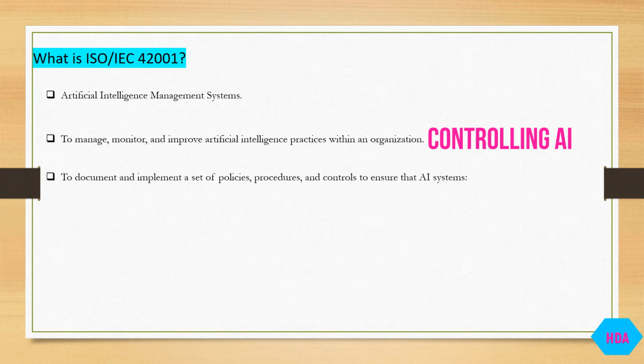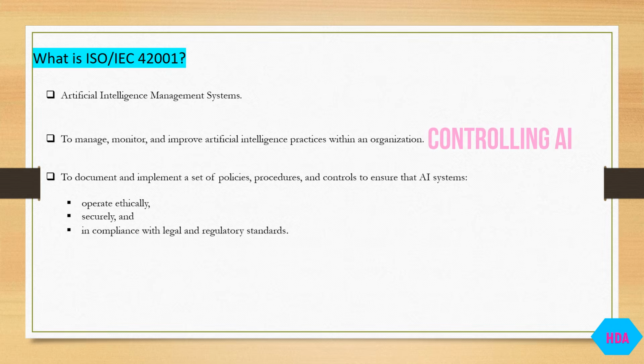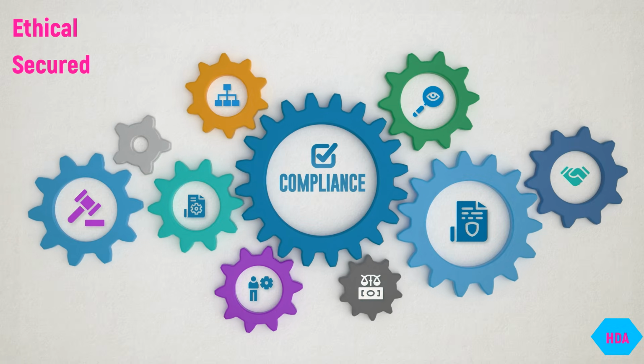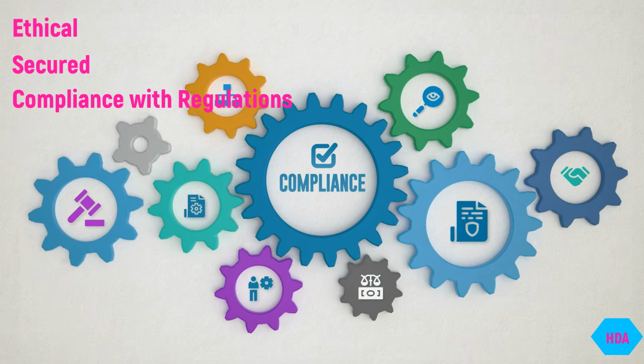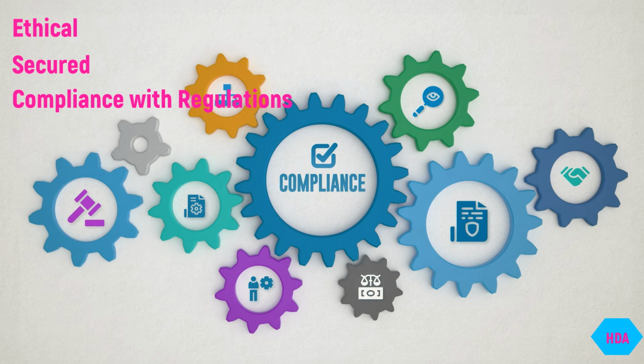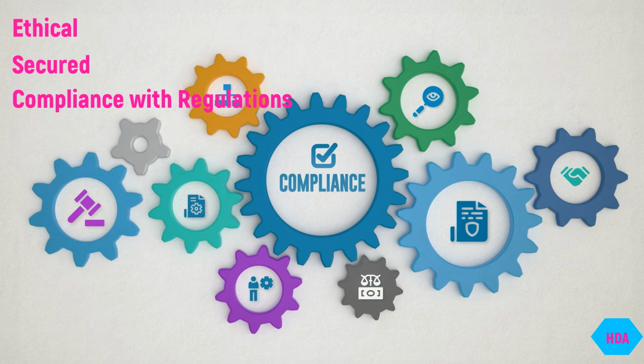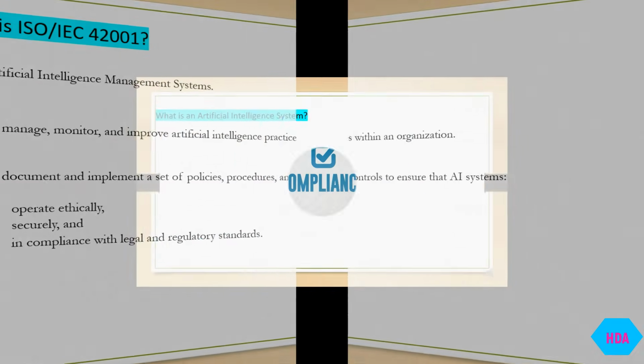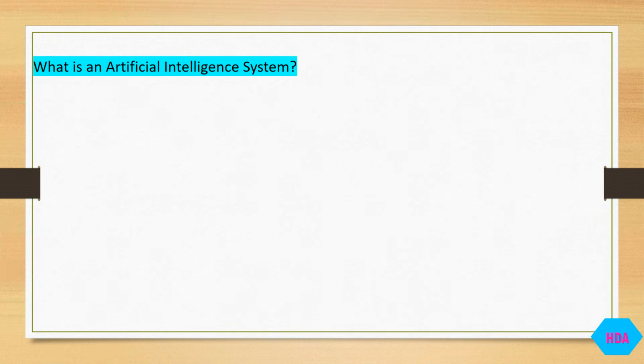It requires the organization to document and implement a set of policies, procedures and controls to ensure that their AI systems operate ethically, securely and in compliance with legal and regulatory requirements. Throughout the course, we will discuss about AI systems.